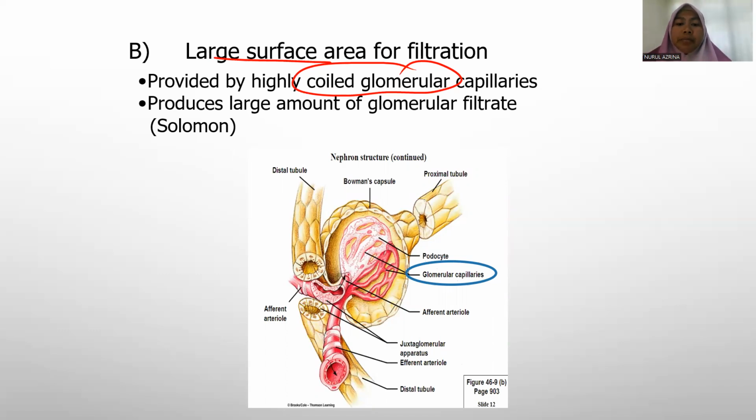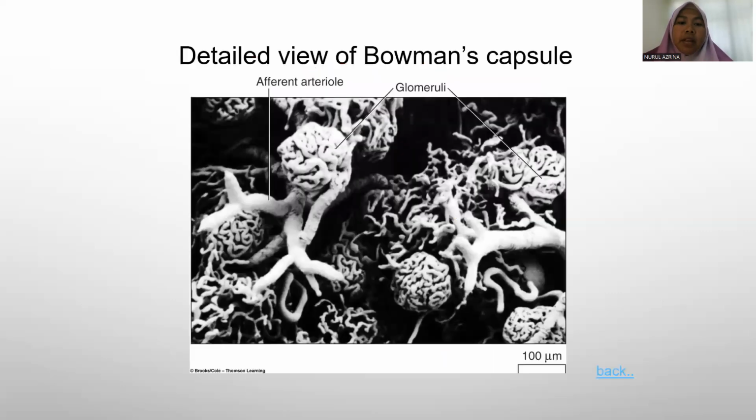You can see this is the glomerular capillary. This is a detailed view of the Bowman's capsule. You can see this is the glomerulus, a crumpled brain-like structure. You have here the afferent arteriole, and then this is the efferent arteriole.